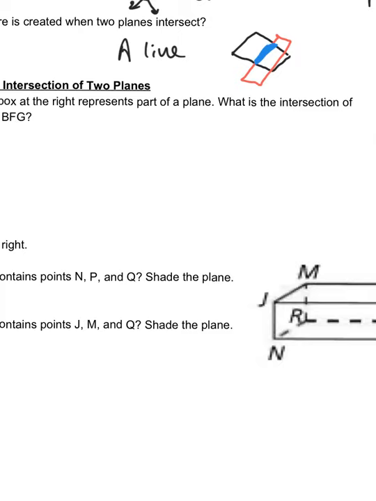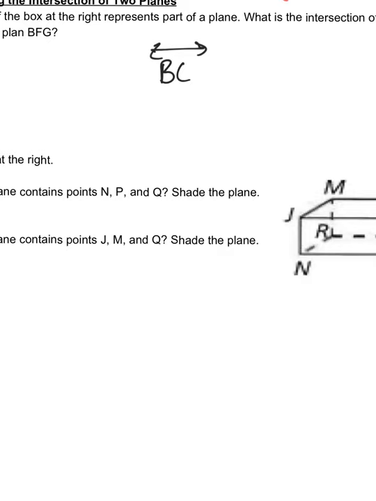Okay. And the intersection of those 2 planes is this line right here, okay? And we call that line BC.